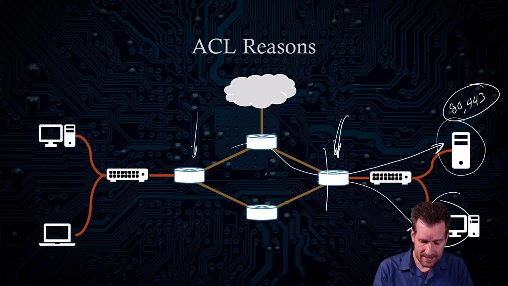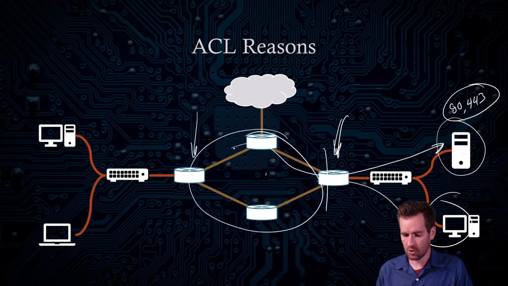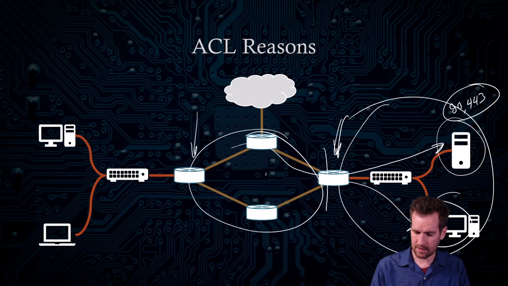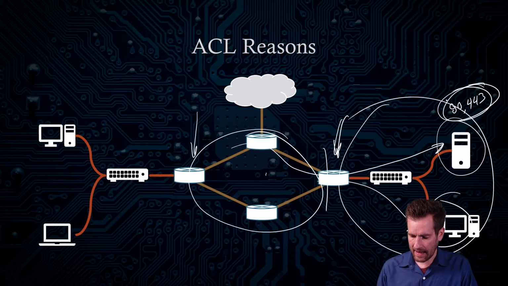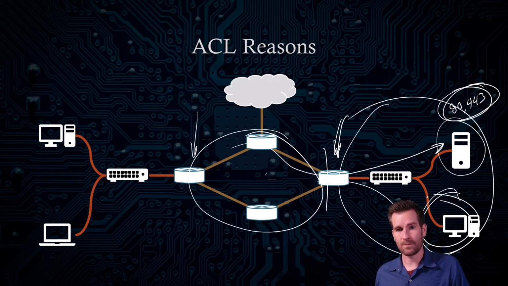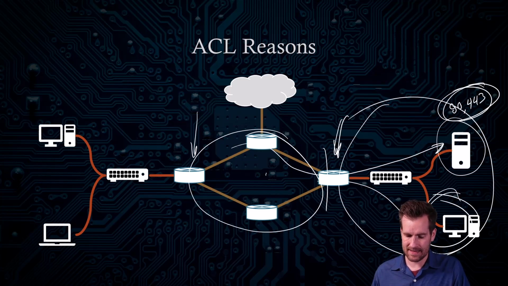We would put it on this device right here because maybe we want to stop traffic from ever going across our network to this other network. So as an example, maybe I want to have access to ports 80 and 443, and I don't want to have access to the other devices on this network. So I created an ACL for that.